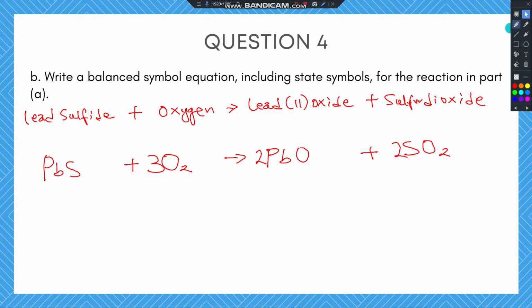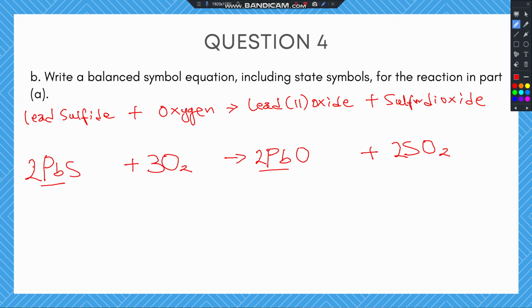Now that oxygen is balanced, let's check out the other atoms. Lead on the left hand side is 1 atom. On the right hand side now it is 2. So to balance lead, I'll put a coefficient of 2 over here. So lead is now balanced as well as oxygen. How about sulfur? We have 2 atoms of sulfur because these 2 also affect the sulfur atom.